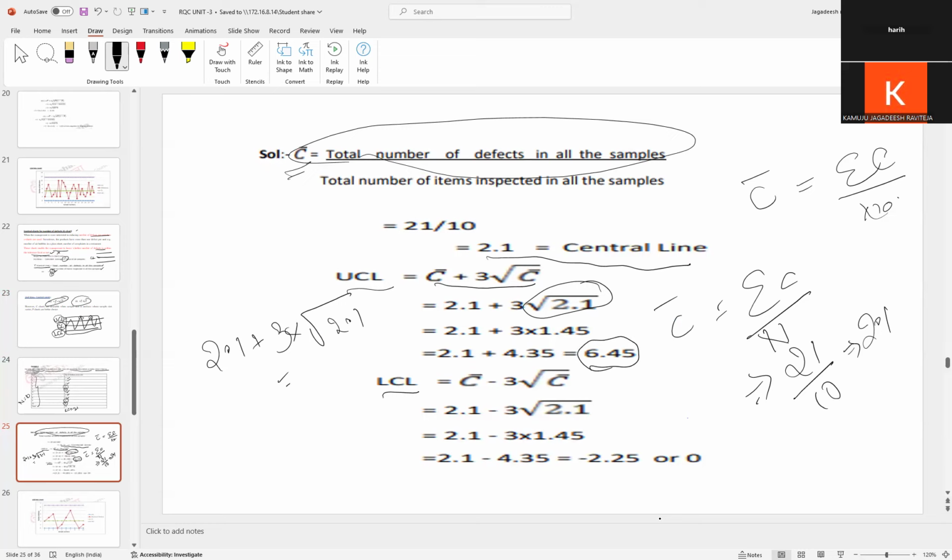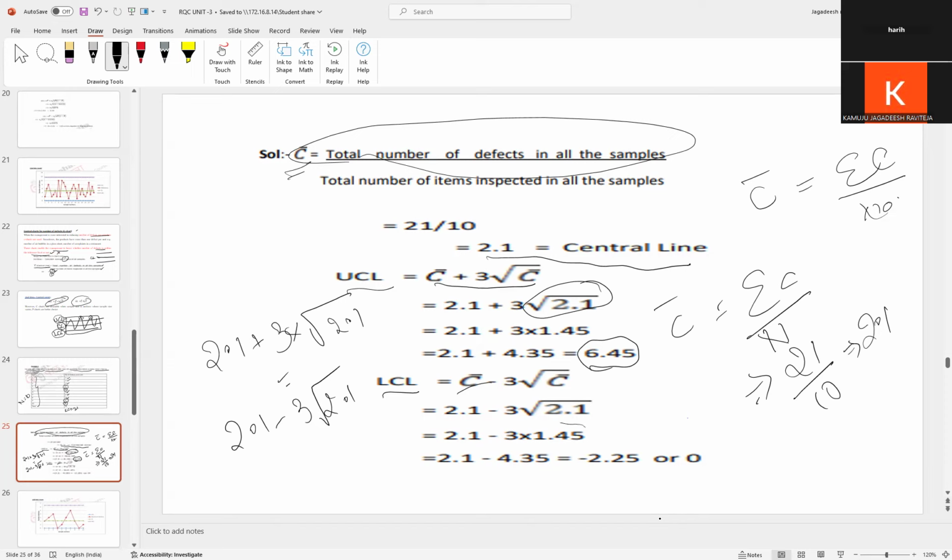Now we have to find the lower control limit. What is the formula for the lower control limit? C bar minus 3 into square root of C bar. The value of C bar, the center line, is 2.1. That is 2.1 minus 3 into square root of 2.1.